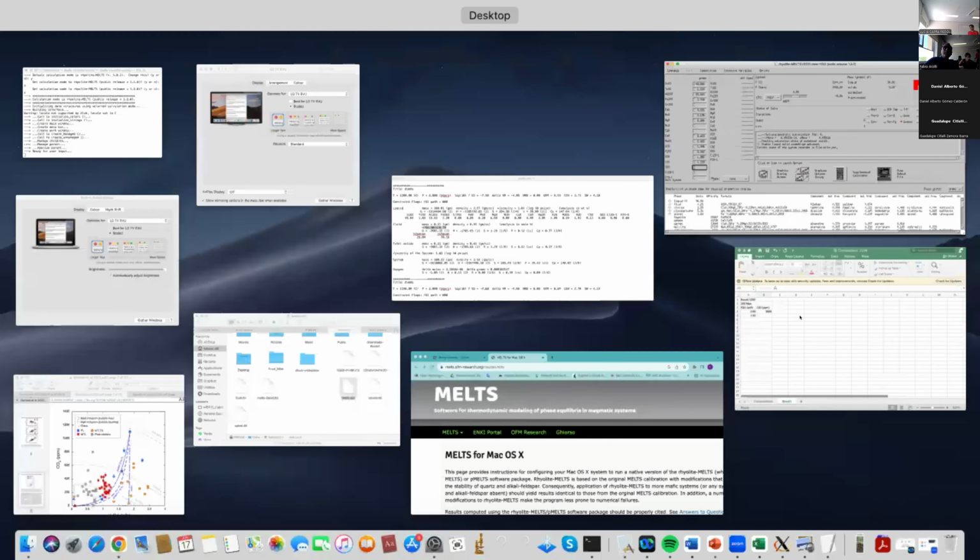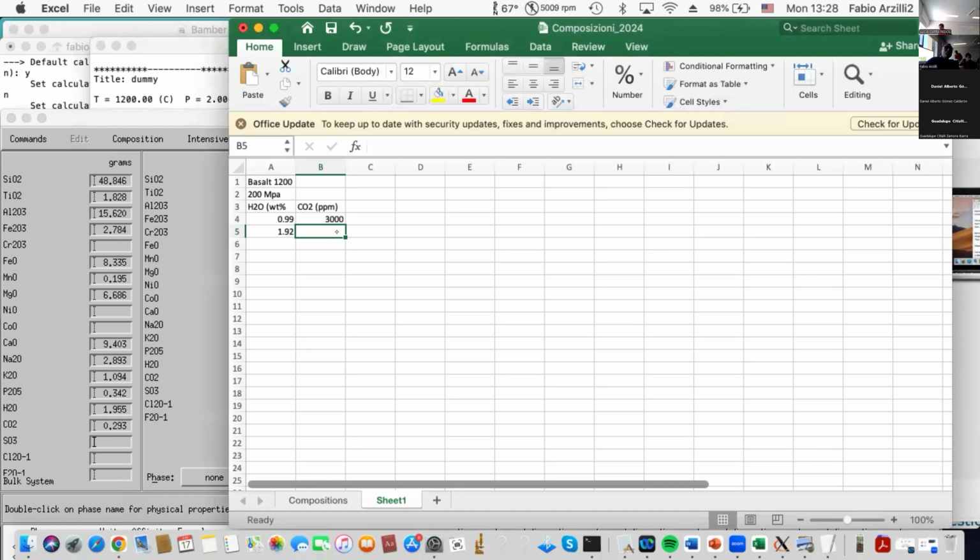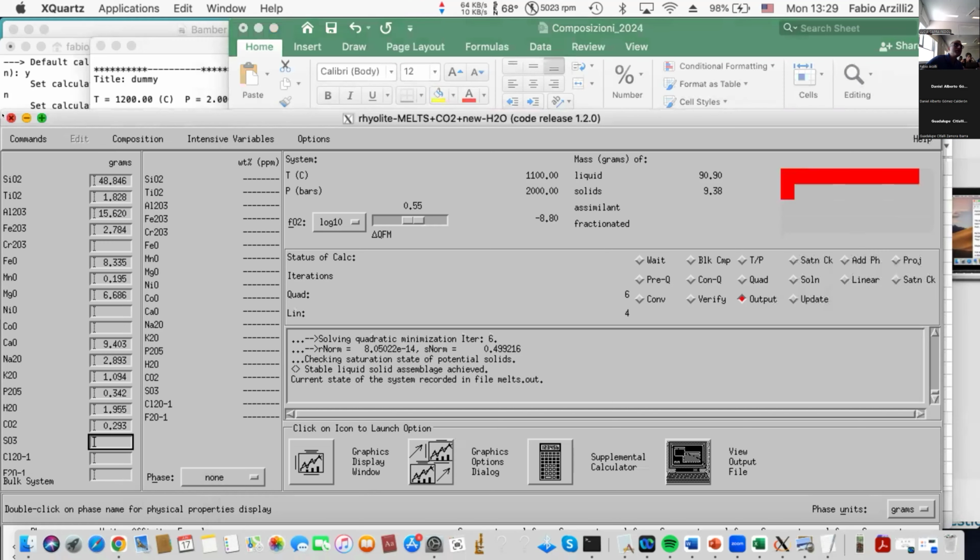So in equilibrium it is 1.92, and in ppm it is 1,100. Therefore we have to repeat that one at 1 weight percent of water, because of course it was wrong. So we close and we repeat.